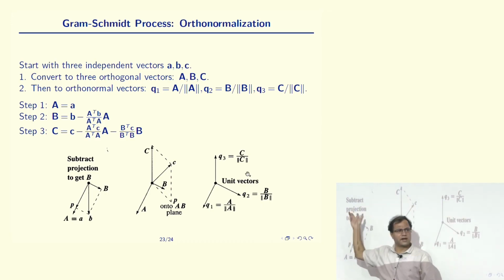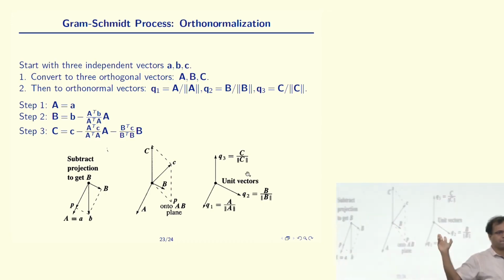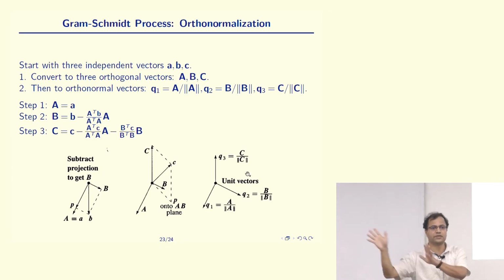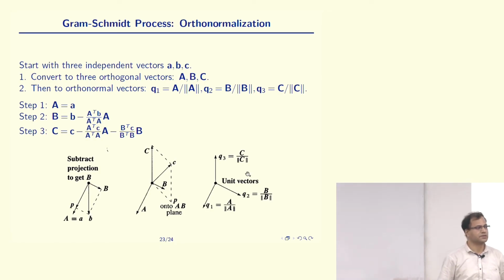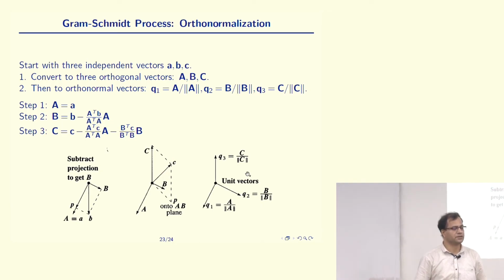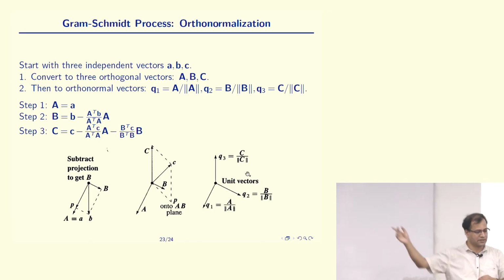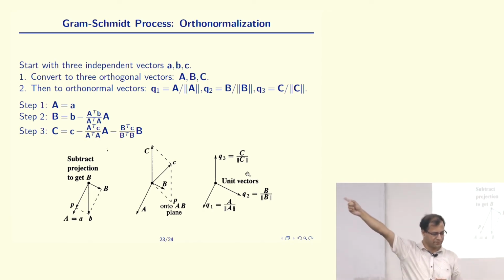We have considered a similar expression before. So that way you just go on till you finish all your set of independent vectors. That will give you the set of orthogonal vectors, and then in the next step you just divide by the length of those vectors to get Q1, Q2, Qn.